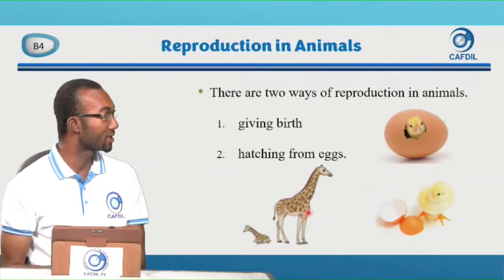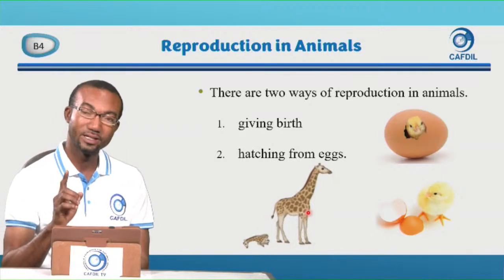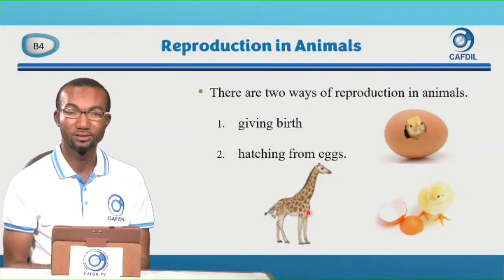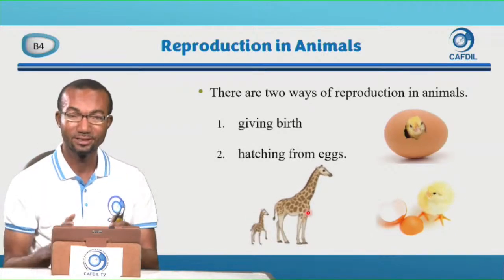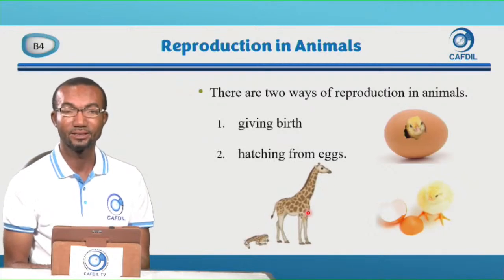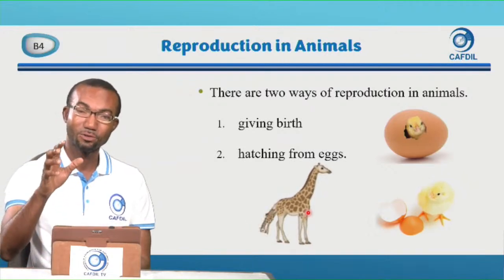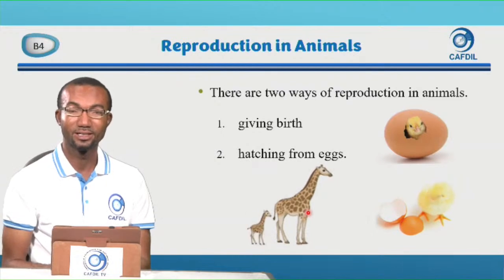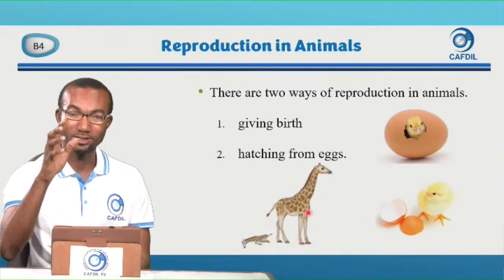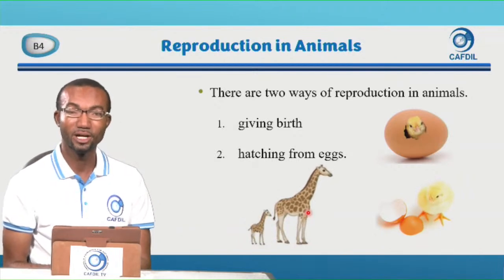There are 2 ways of reproduction in animals. When God created the heavens and the earth, children, God commanded that living things be fruitful and multiply. That is what the Bible says.